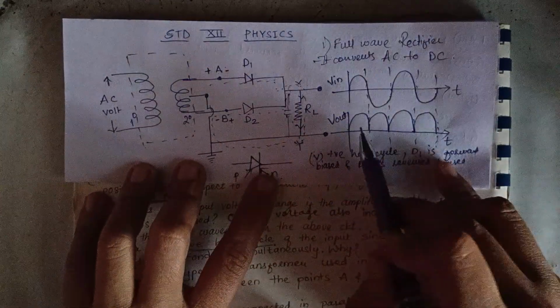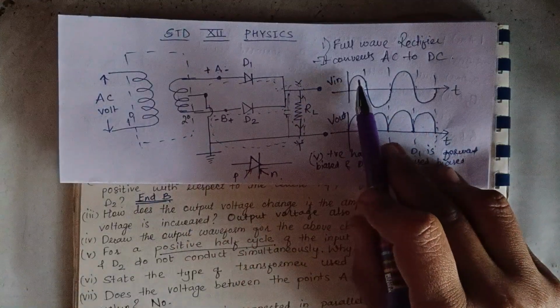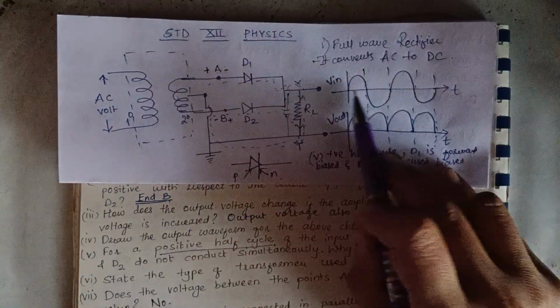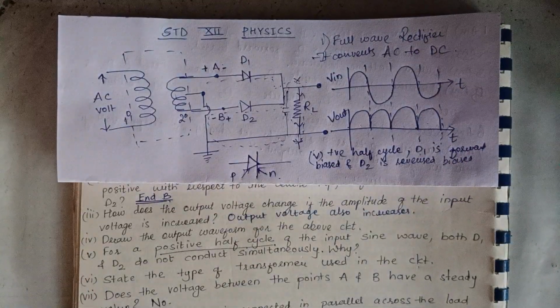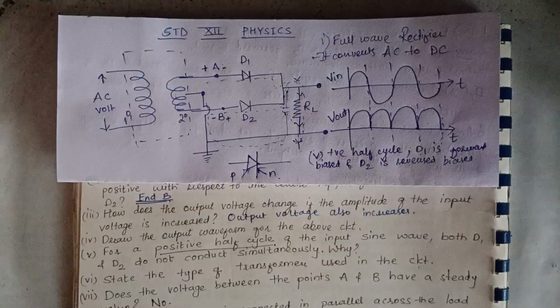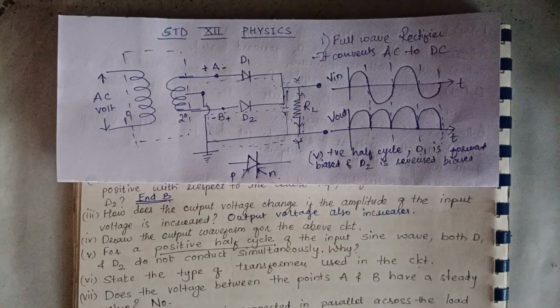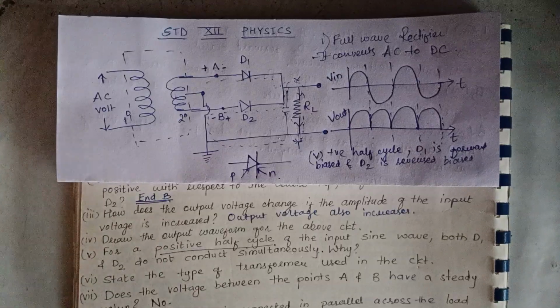So that's why the waveform is positive here. So the correct sentence is like this: current during both the half cycles flows from right to left through the load resistance RL, and the output during both the half cycles will be of the same nature.